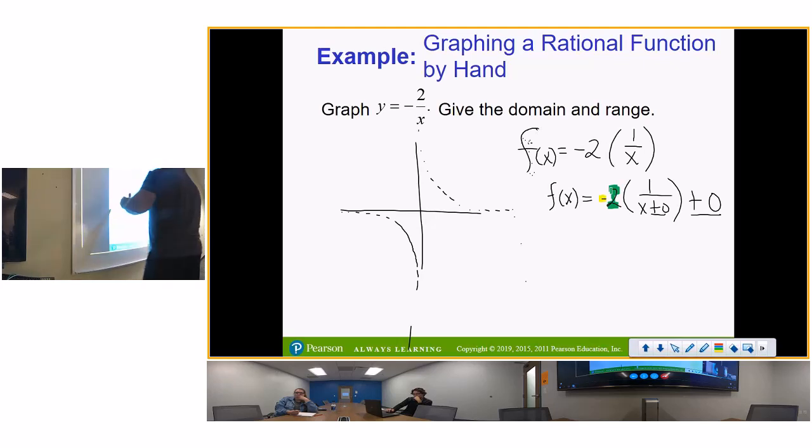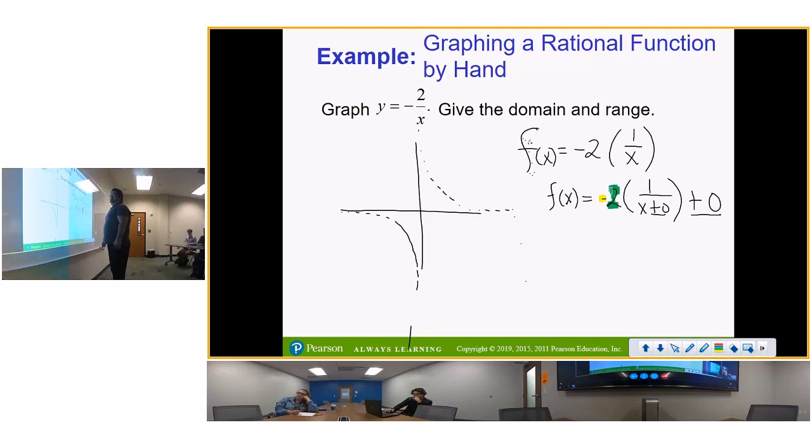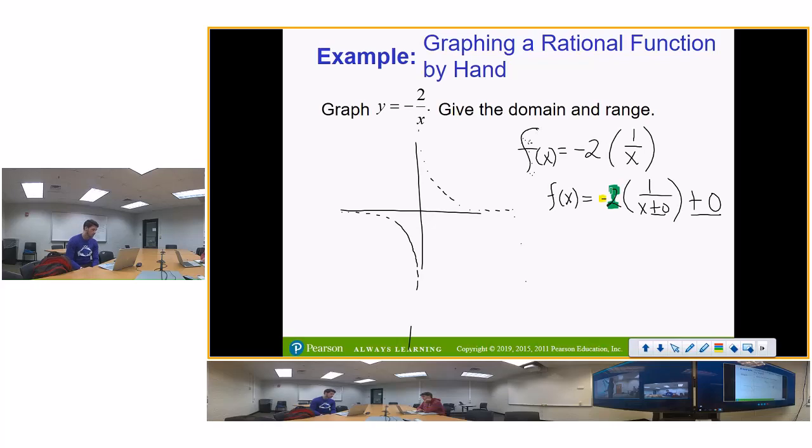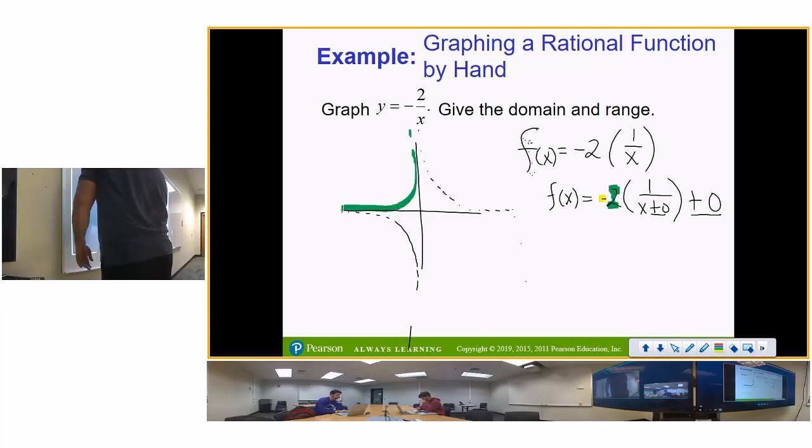So what happens if I was to push these 2 functions together like this? What would it look like? There'd be less of a curve. It'd be more like a corner, wouldn't it? If I push this in, what would that do? Or if I pulled it up this way, it's going to look more like this.